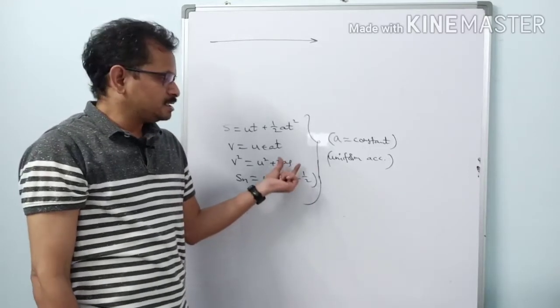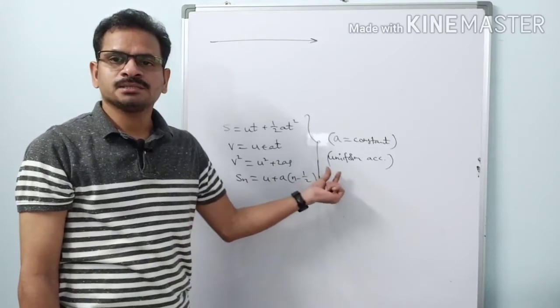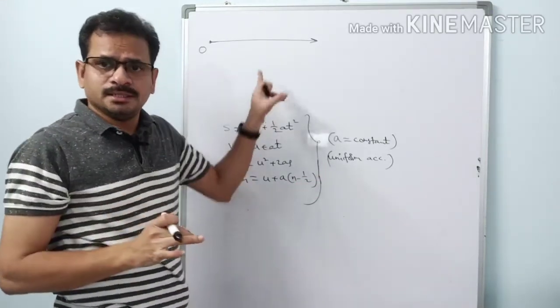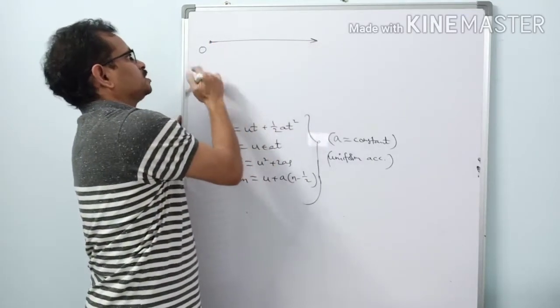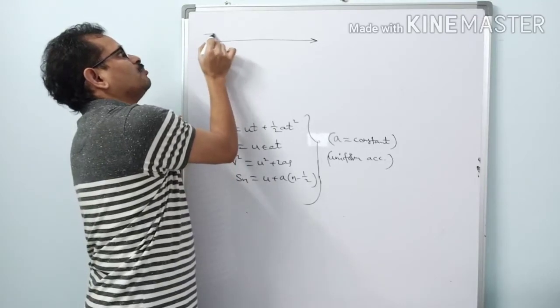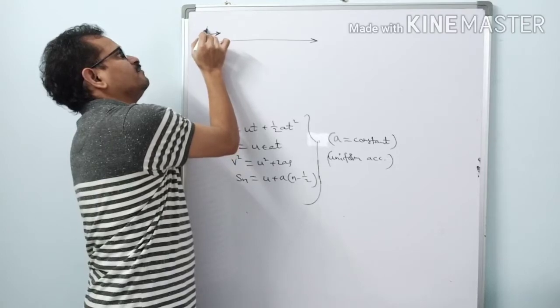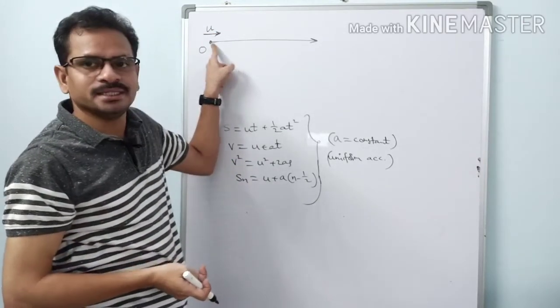This set of equations is for bodies moving with constant acceleration. Now let us consider motion along a straight line. Let us consider this is the starting point of motion. A body starts its journey with some initial velocity u. What is the direction of initial velocity?